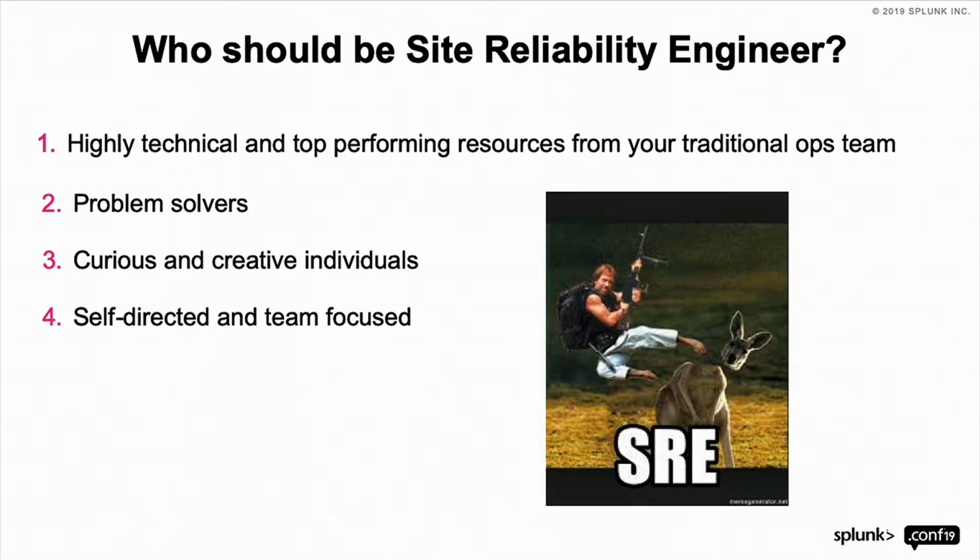And then self-directed and team-focused. And what that means is everybody on the team wants to be on the team. They want to go out and find things and proactively help the organization, but they don't need it dictated to them, right? So it's team-focused, but everybody on the team knows what they need and should be doing.